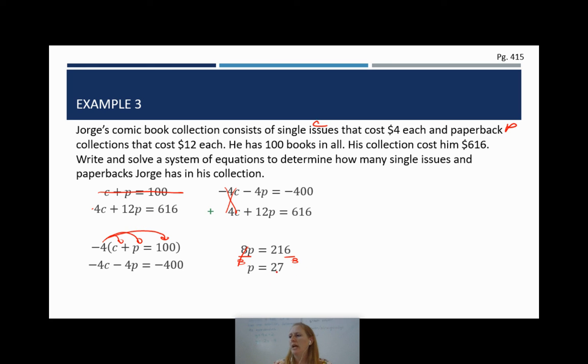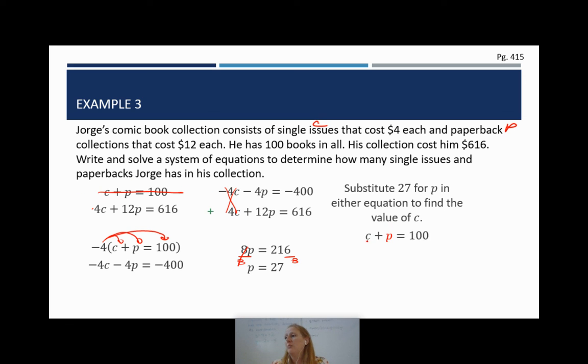So let's take that P. We're going to substitute 27 for P into either equation to find the value of C. I don't care which equation. So I'm just going to use that top one again, C plus P equals 100. Only instead, I'm going to do C plus 27 equals 100. And I can just subtract 27 from both sides. 100 minus 27 is 73.